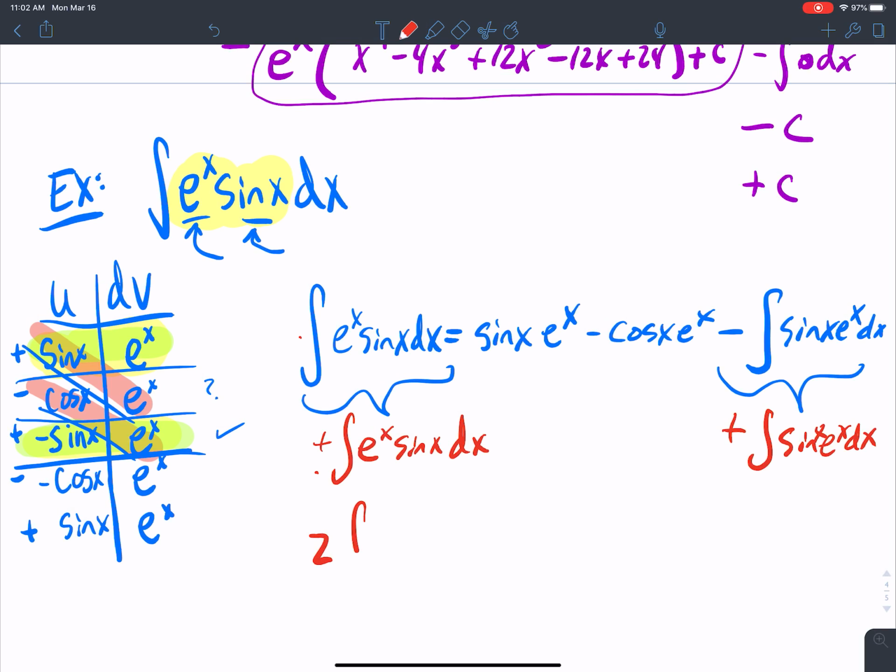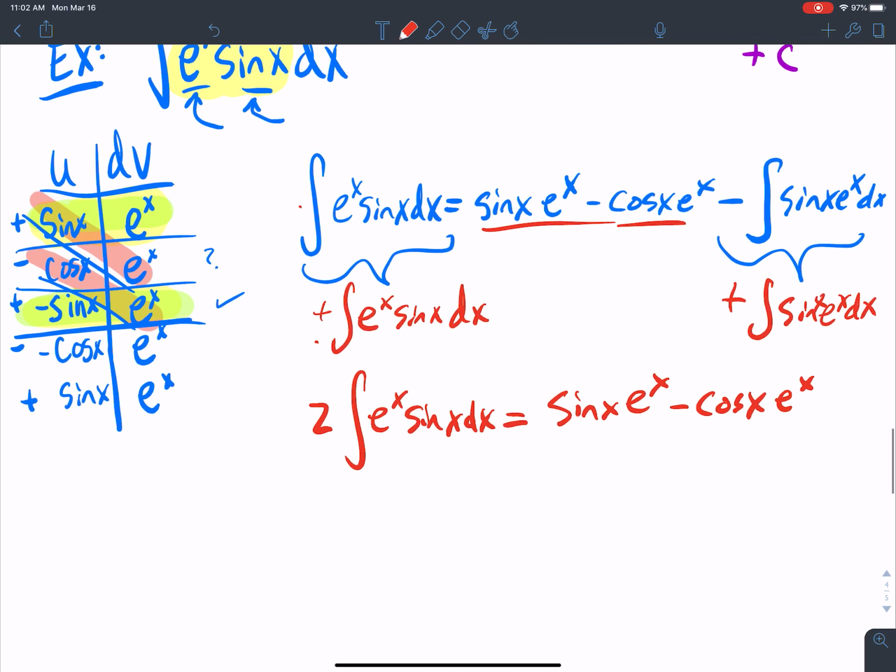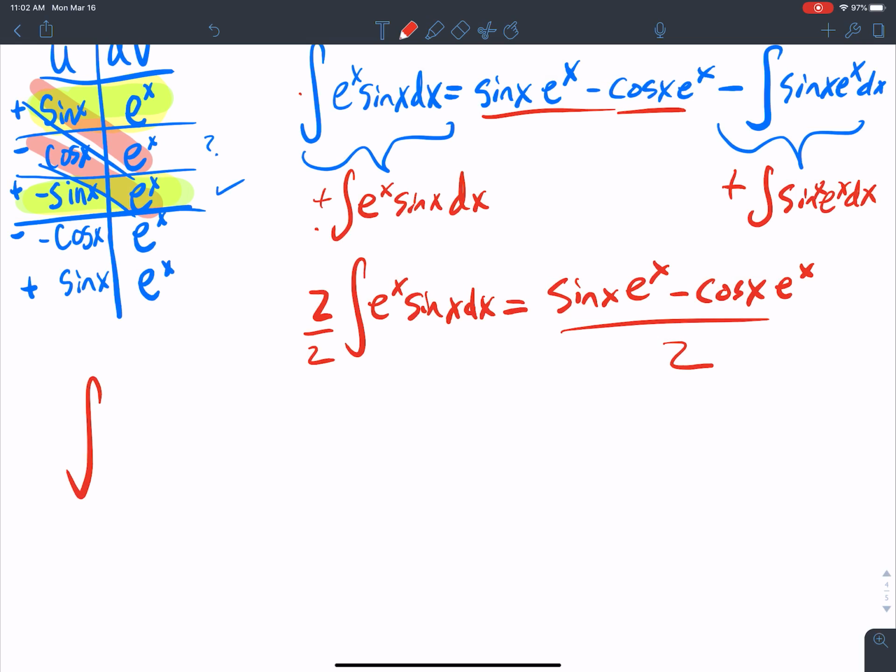So that's 2 times the integral of e to the x sine x dx equals, what do we have here? We got sine x e to the x minus cosine x e to the x. And then all I have to do is divide both sides by 2, and voila, I have my answer.